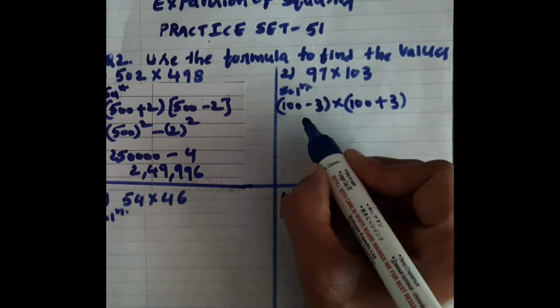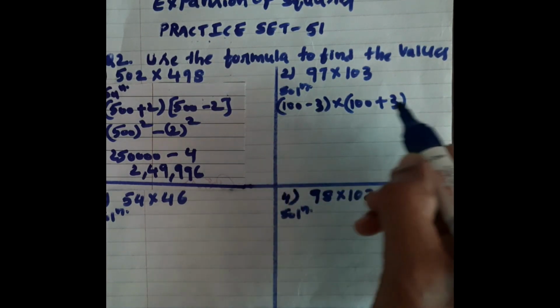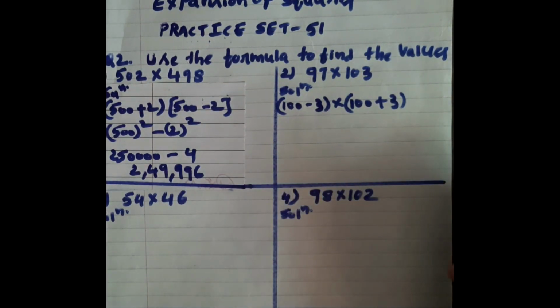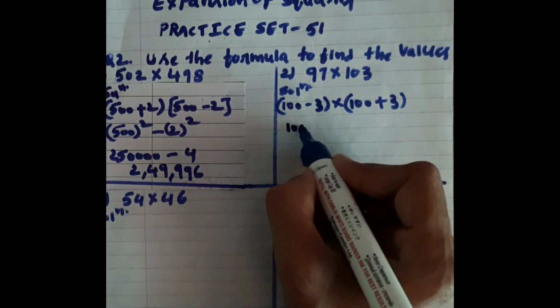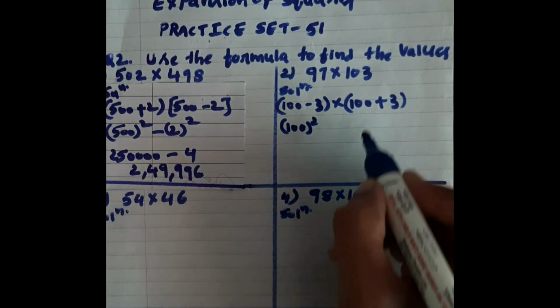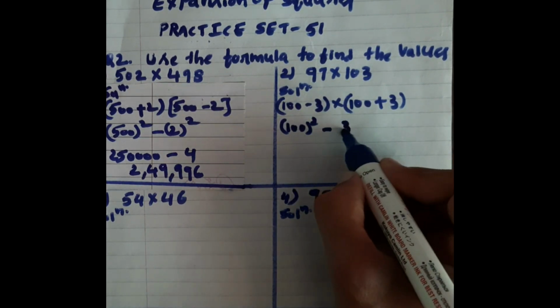This again is in the form of (a + b)(a - b), which says a square minus b square. So we will multiply 100 into 100, 100 whole square, minus into plus, minus 3 into 3, 3 whole square.